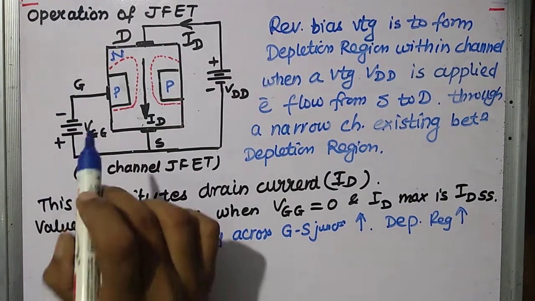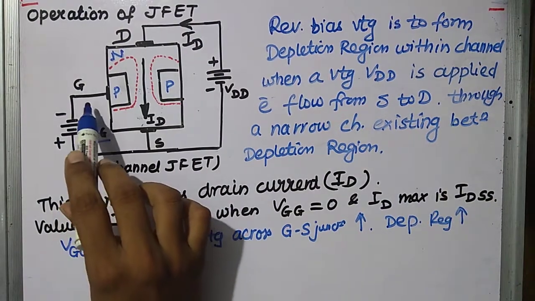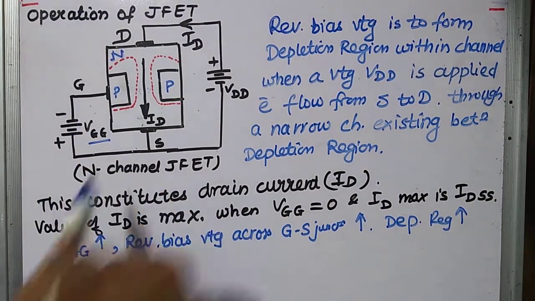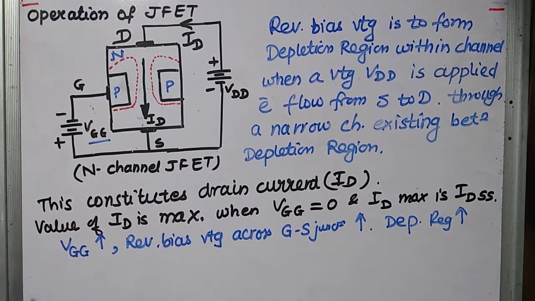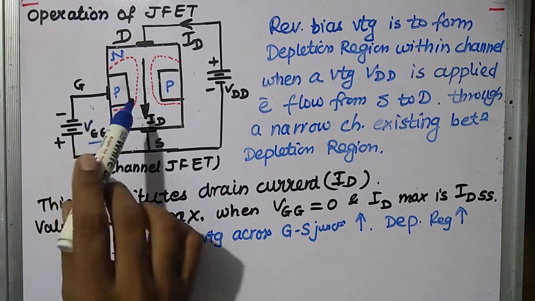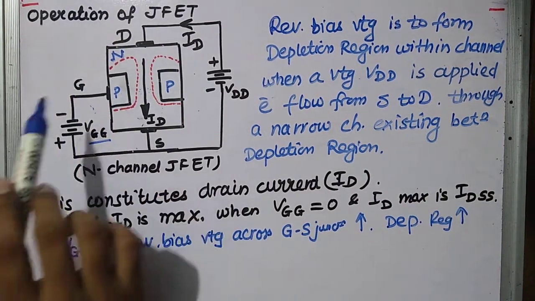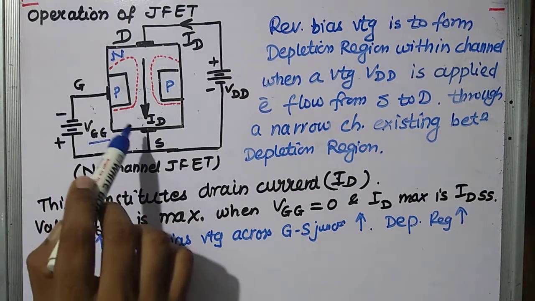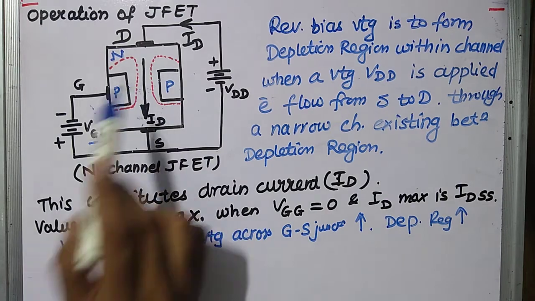Once again I will repeat, as we are increasing VGG, this is the reverse bias voltage across gate to source terminal. As we are increasing the reverse bias, the voltage across the gate to source junction is increasing, and as the reverse bias voltage across the gate to source junction is increasing, the width of the depletion region is increasing.